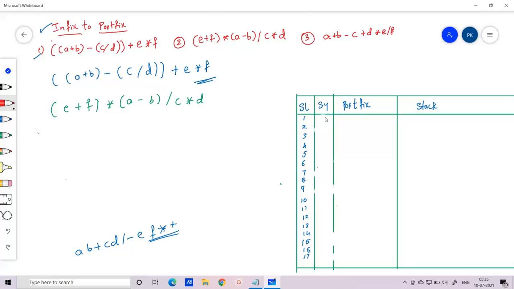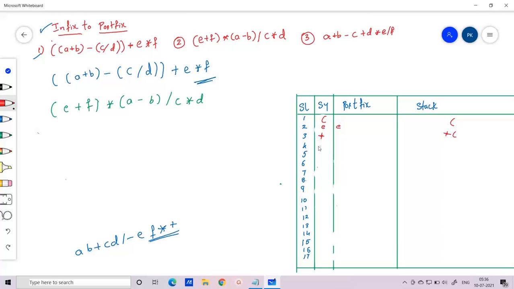First we have opening brackets, so add that onto the stack. Second, we have an operand which is E, so it should be written into the postfix expression. And again plus, an operator, so check the stack for any other operator with the same or higher precedence. I don't have any, so I'll add that into the stack. So I'll get plus and opening bracket.